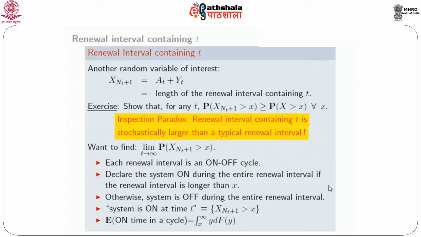Therefore, you can easily verify that the expected value of the on time in a cycle would be the integral from x to infinity of y dF(y). I simply have to see that if you define a new random variable, let's say X tilde, which is X if X is greater than little x, and 0 if X is less than or equal to x, what is the expected value of X tilde in terms of its probabilities, and that's how we get this.